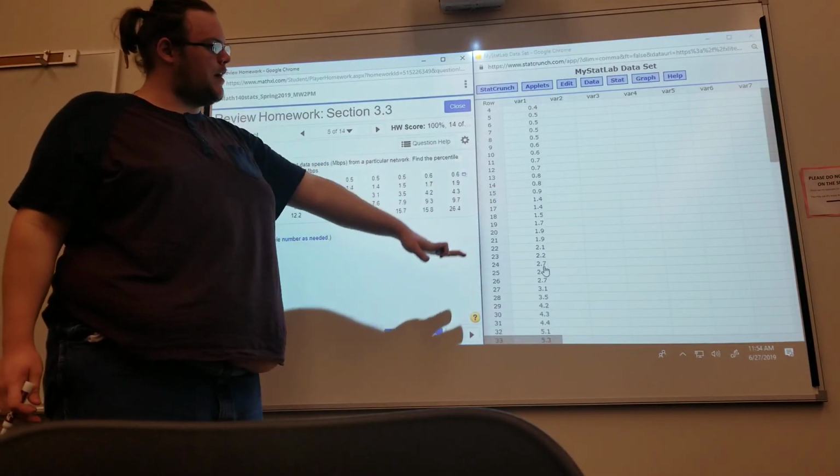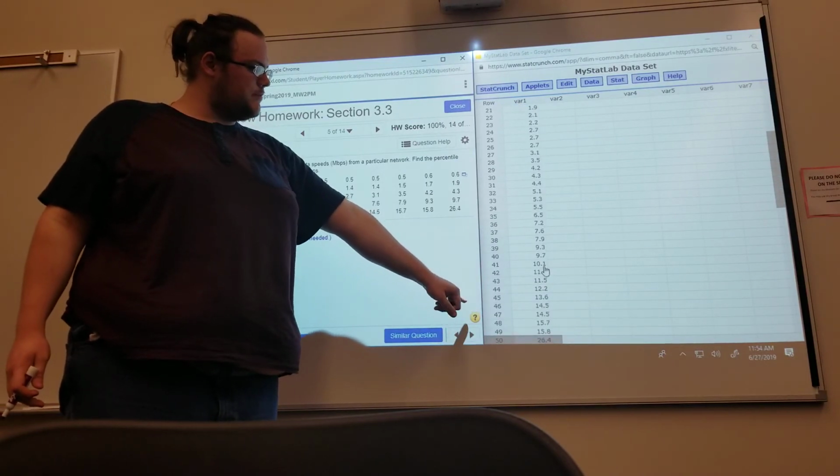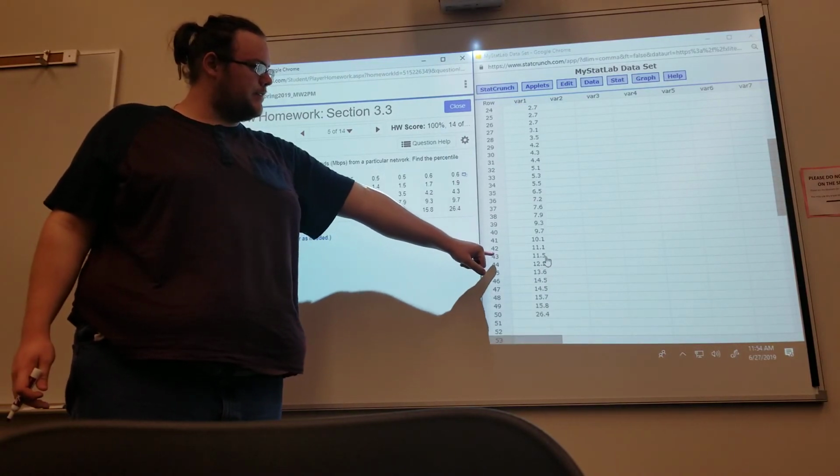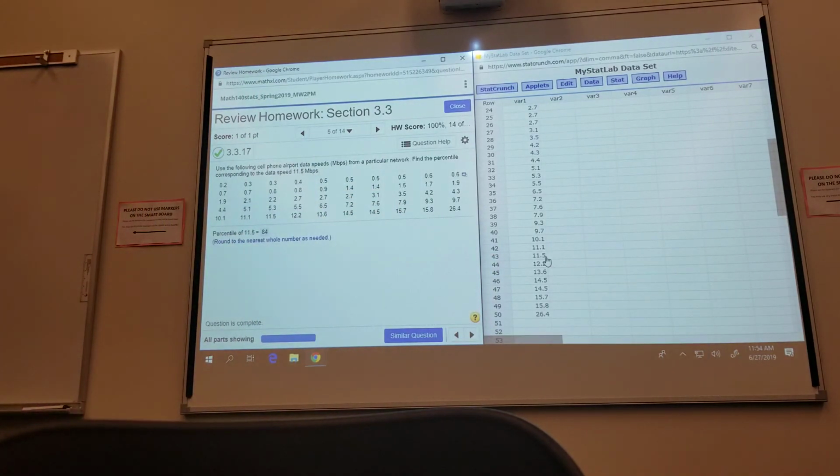And you have to look at where 11.5 is. Which we scroll down, we see it is 43. So this is the location of it, 43. Yes, 43. It is the 43rd data value.